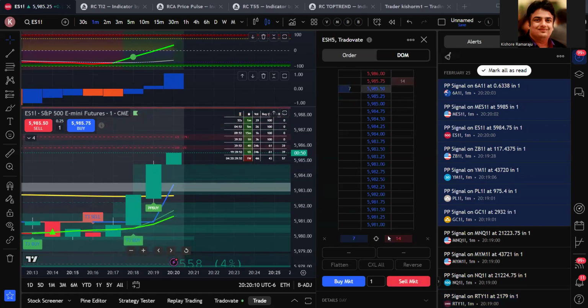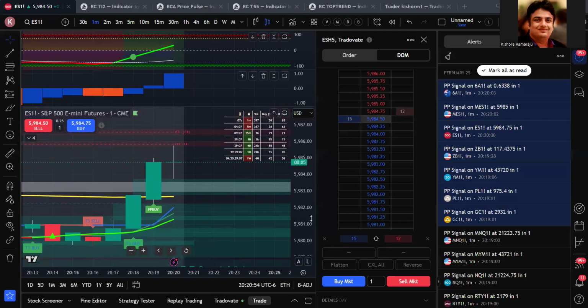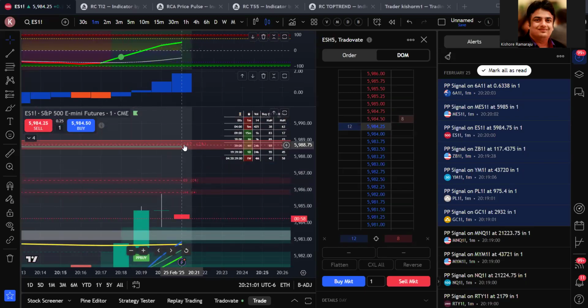So now, because there are some sellers here, we book the profits. If there is nothing here, then we'd have waited all the way until here.